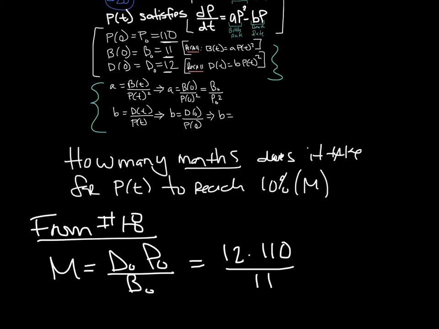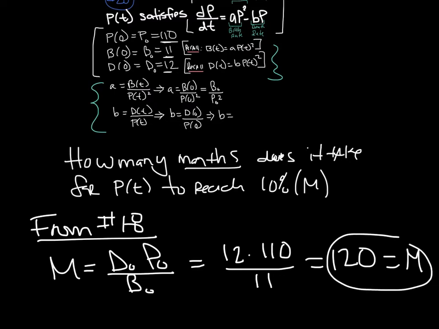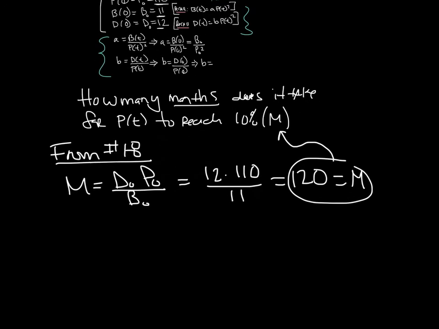If we calculate that, we get 120. So that's our M. Well, 10% of 120 is just 12.